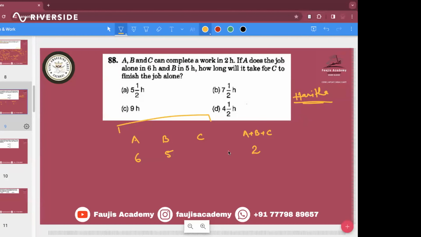We don't have any resources for C. It doesn't matter. We'll just find the LCM of all the numbers whichever are there: 6, 5, and 2. Guys, any doubt? 30. Finding the LCM is important.